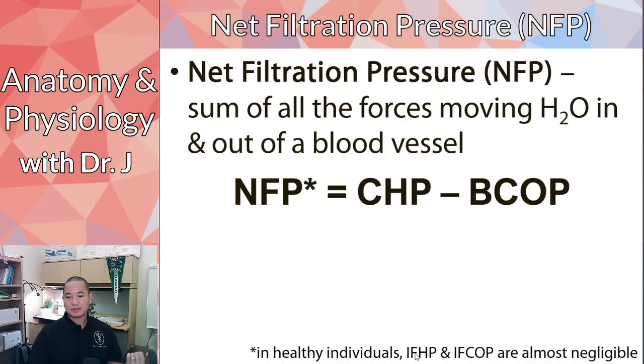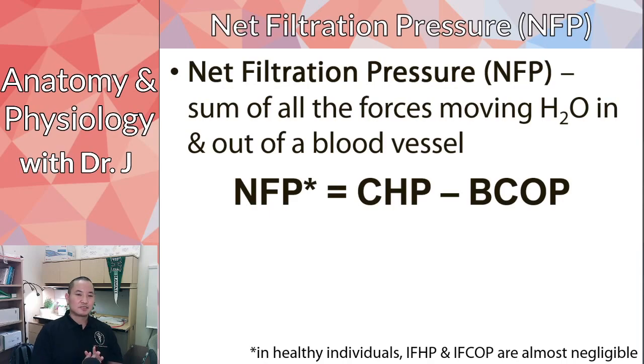Again, this is one, and there are other pressures: interstitial fluid hydrostatic pressure and interstitial fluid colloid osmotic pressure. But in healthy individuals, do you have a heart within each of your tissues pumping and forcing water back into your blood vessels? You don't quite have that. So there is hydrostatic pressure in your interstitial fluid, but it's so small it's practically zero for all intents and purposes.